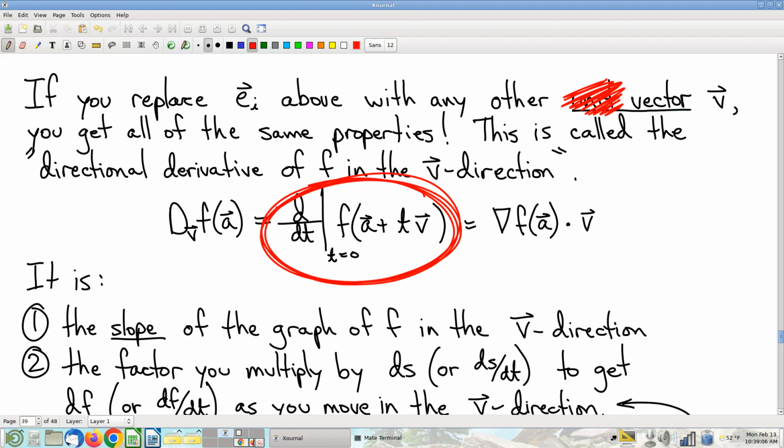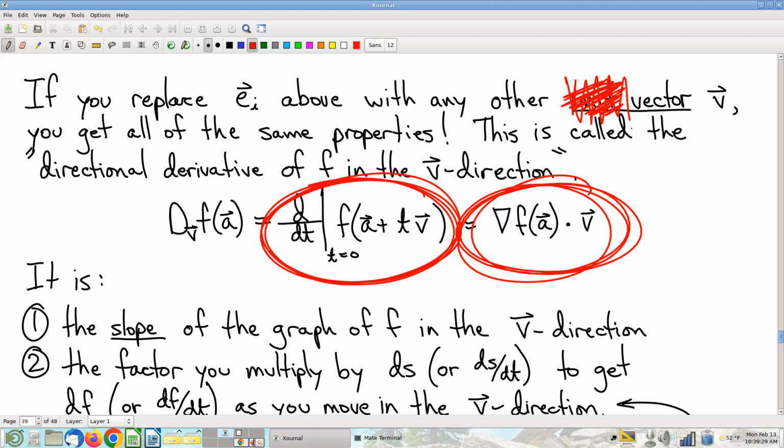This is a very natural construction to want to talk about. If I interpret v as a velocity, this expression that I have circled tells you how fast the function's changing when you're at the point A, moving with that velocity v. Still interesting. By the way, it's still computed by this same formula, even without the unit vector requirement.